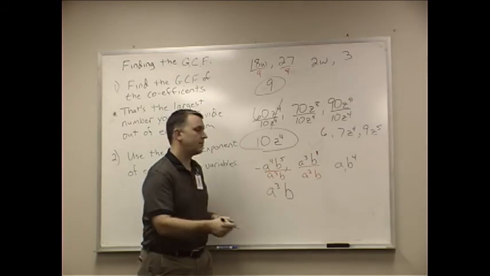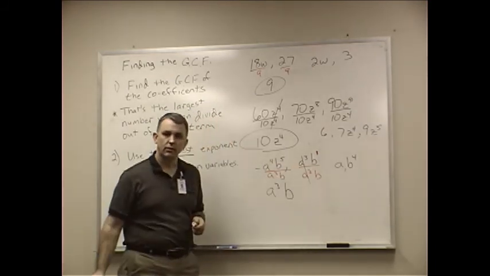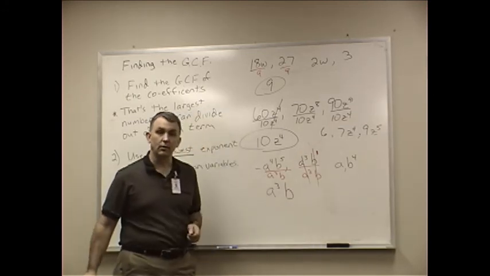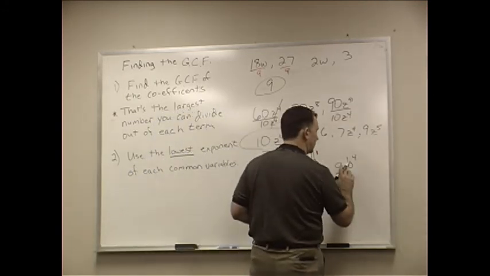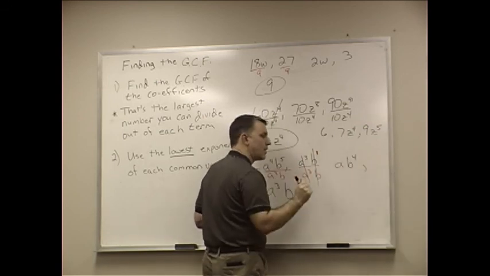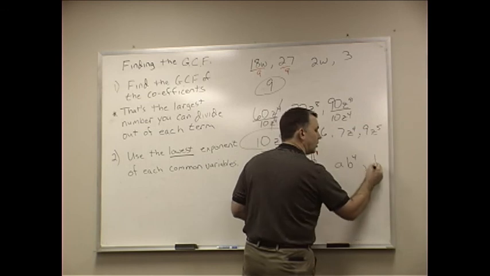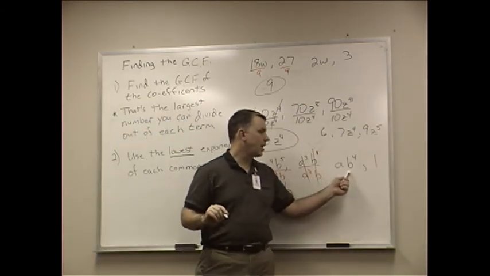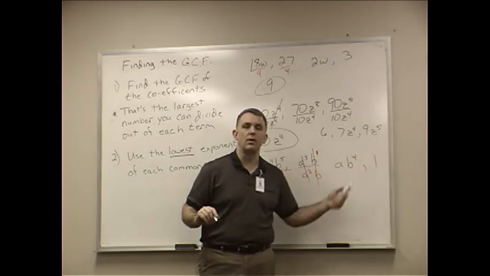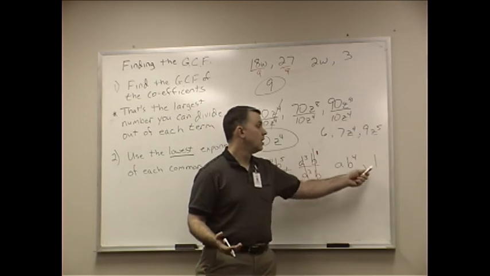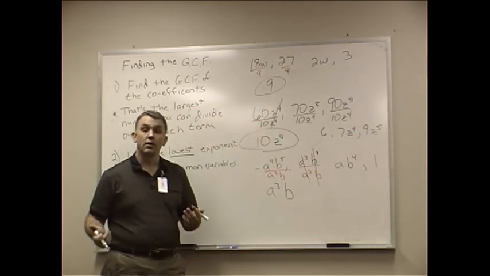A to the 3rd divided by a to the 3rd, that cancels. B divided by b, that cancels. When everything cancels, you're left with 1. When you compare ab to the 4th and 1, do they have anything in common? No. There's nothing more that you can divide out.